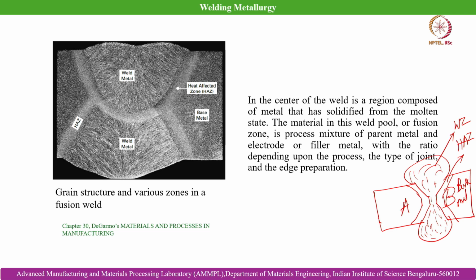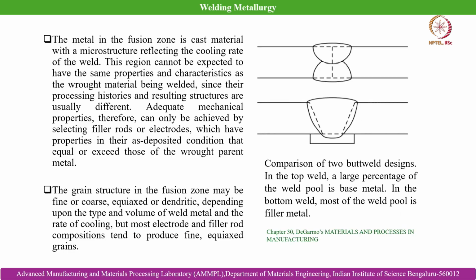There is a large difference in microstructure in these three regions of the weld joint. This happens because of the differential cooling rate and differential thermal gradient experienced by these different zones of the weld joint. Moving on, the metal in the fusion zone is cast material with a microstructure reflecting the cooling rate of the weld, as I discussed with you.